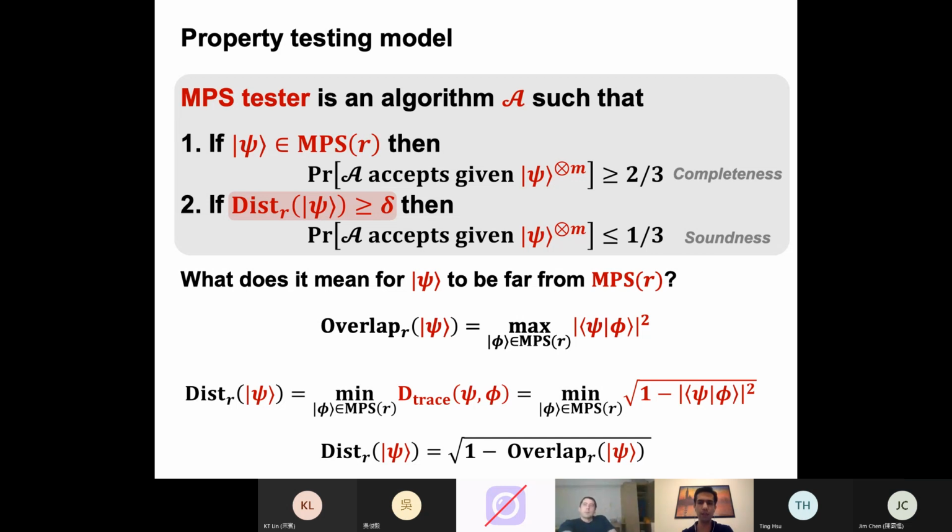But I'll also reserve delta for when the distance is measured using the trace distance. And of course, the number of copies M that the algorithm uses depends on this delta, and also the number of qubits and the bond dimension R. Okay, so this is the model.